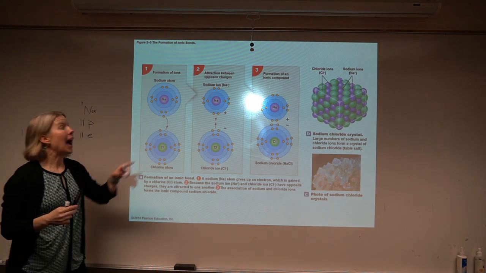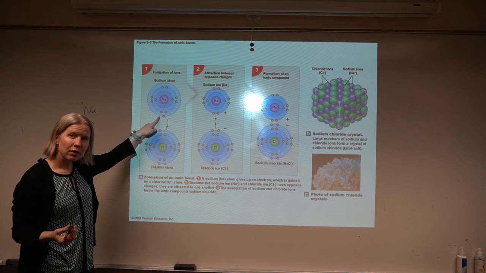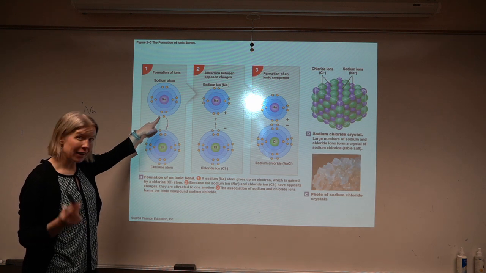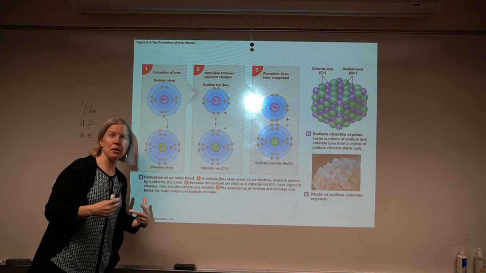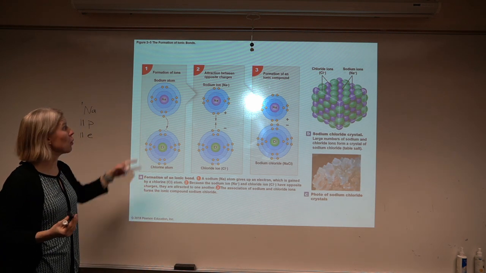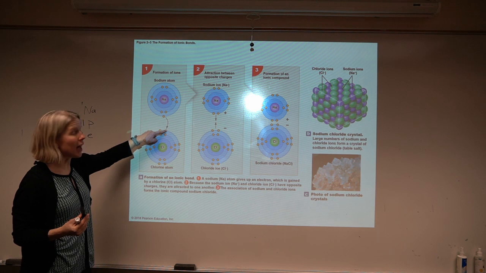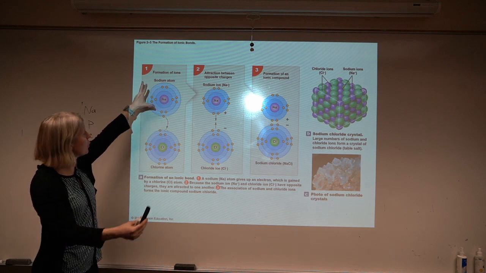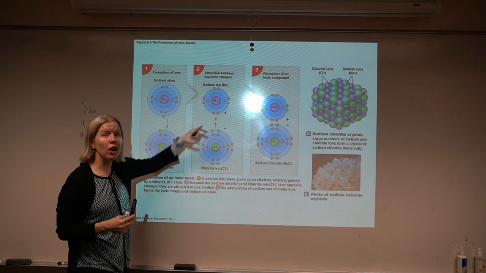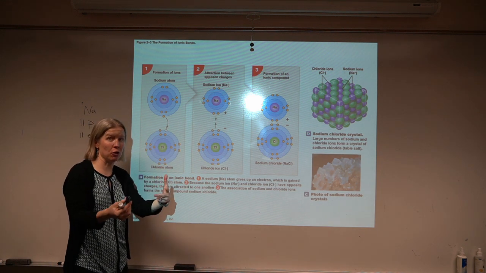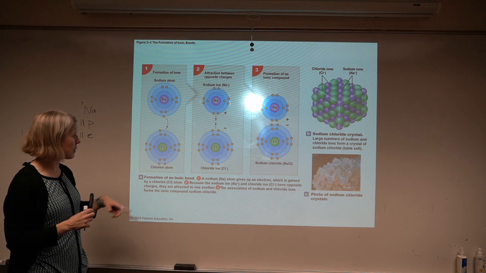Now, how many does it want in the 3rd shell? 8, and we only have 1. So this atom is actually very unstable. Now, if it loses that electron, it's going to shrink back to now only having 10 electrons, but that outer shell being full. And this is exactly what happens.